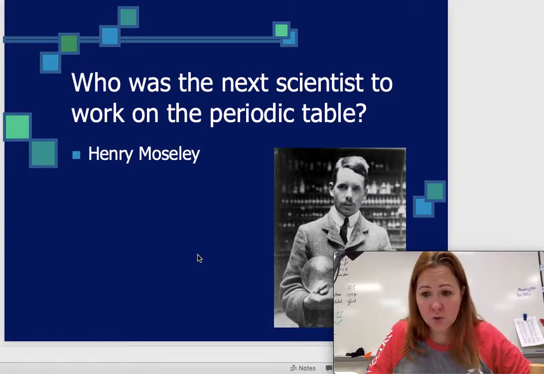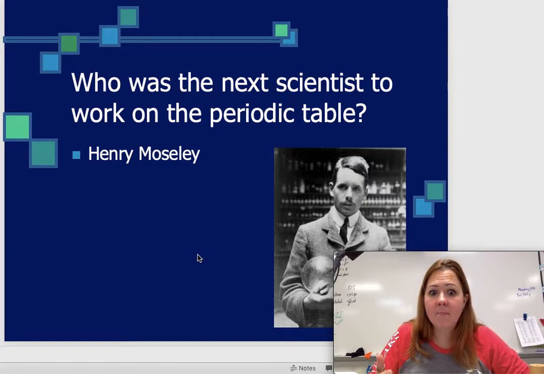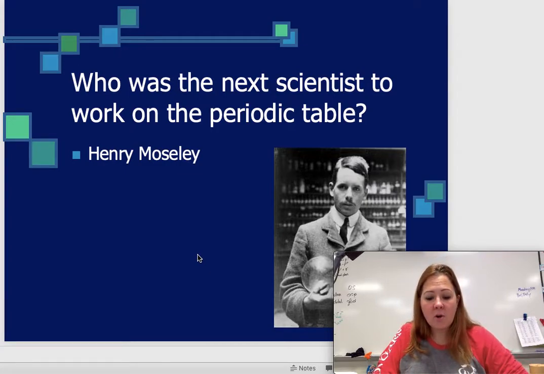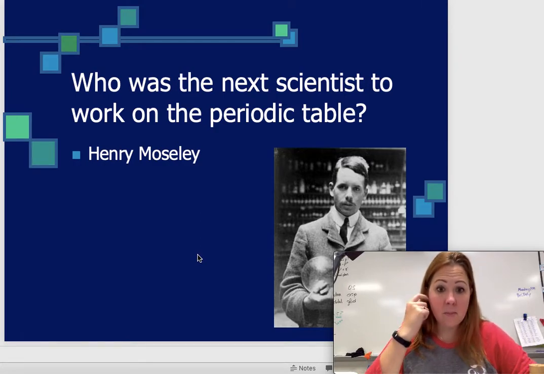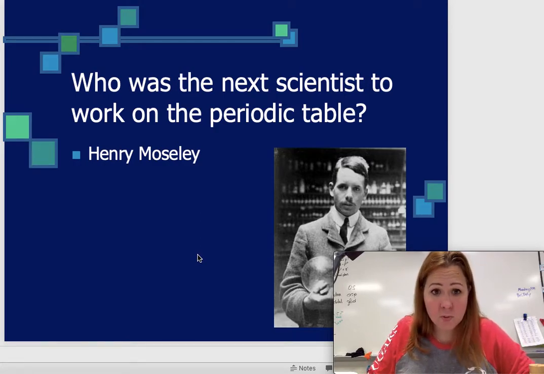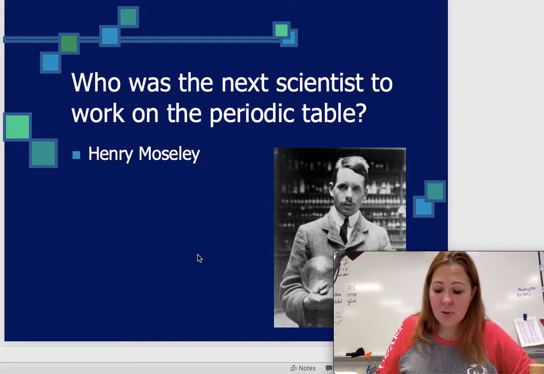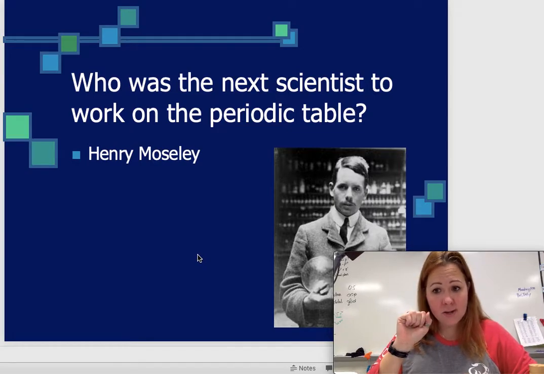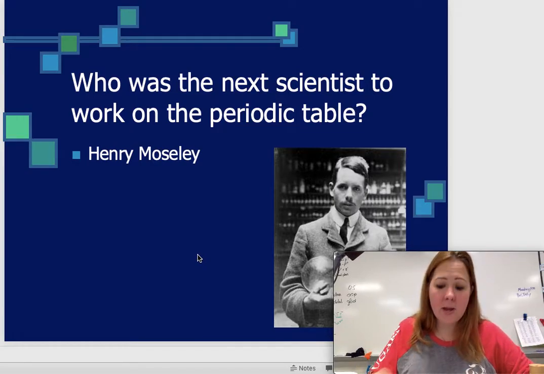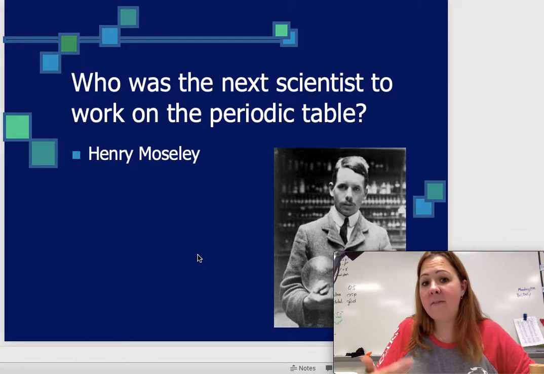Moseley started to, as we figured out how many protons different elements had, like carbon. We knew that carbon then had 6 protons. So he wrote a number 6 in the box. Now the mass of carbon was 12, so that's the only identifying mass that we had. So now we had a mass of 12 and we had 6 protons. Nitrogen, we added a number 7 because it has 7 protons.